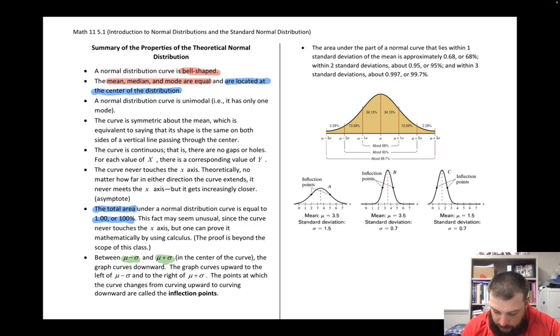And so we have this area under part of a normal curve lies within 1 standard deviation is about 68%. 2 standard deviations is about 95%. And then 3 standard deviations is 99.7. We'll talk about this more in detail.